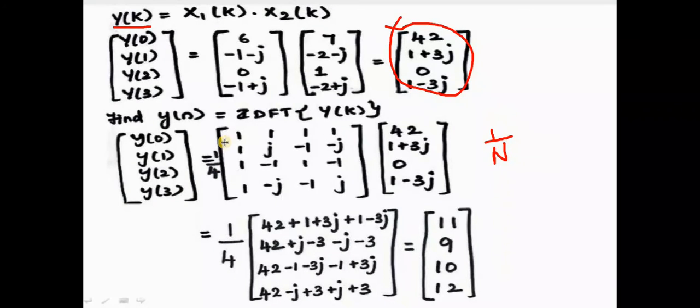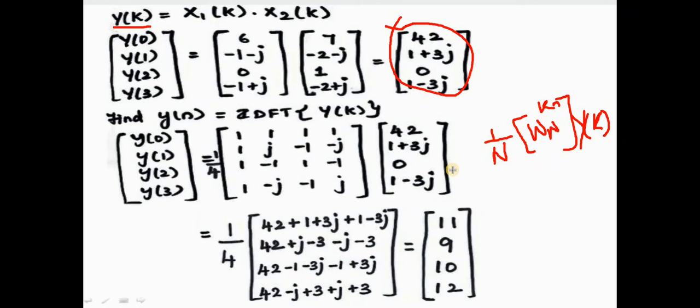So we take 1 by N, that is 1 by 4, into the twiddle factor W N to the power kn into y of k. This is what you have found above. So just multiply it, you will get this answer. So this is going to be our y of n value. Y of n is equal to 11, 9, 10 and 12.